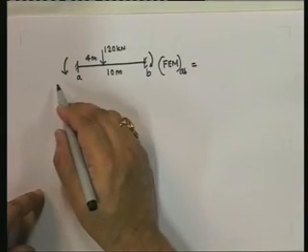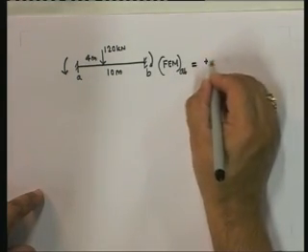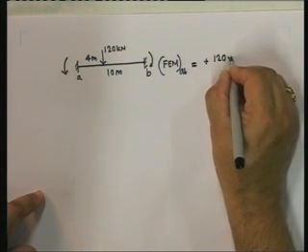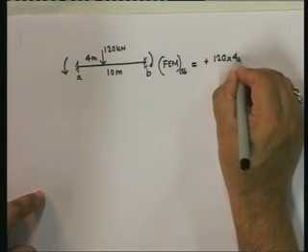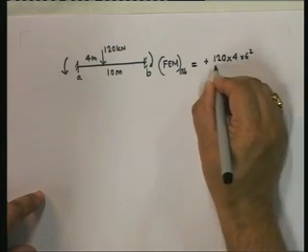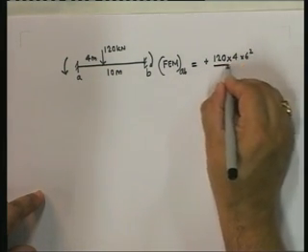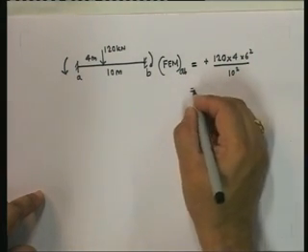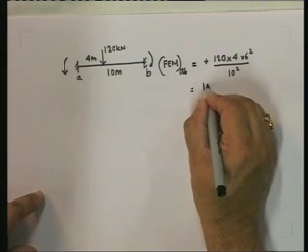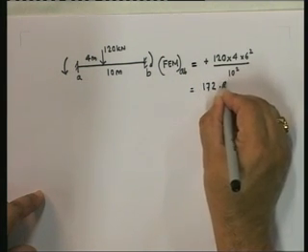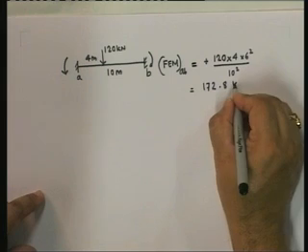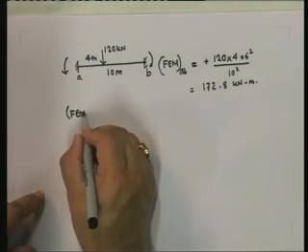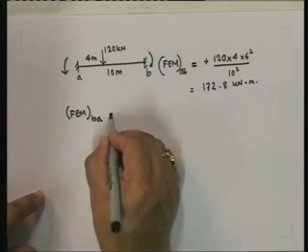So this FEM AB is positive, it's plus 120 into 4 into 6 squared upon L squared. So what is that equal to? That is equal to 172.8 kilonewton meter.